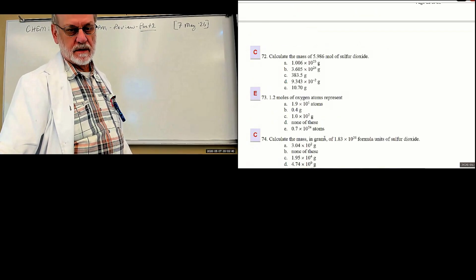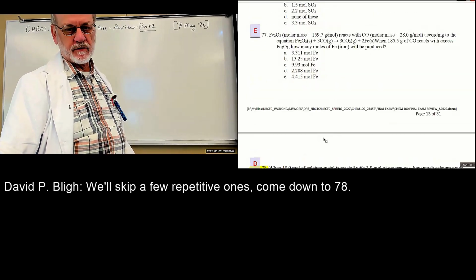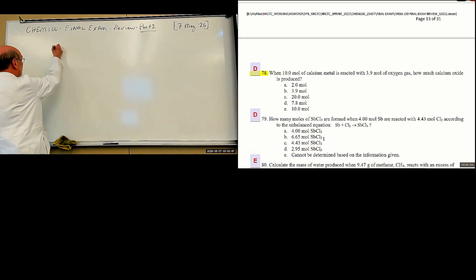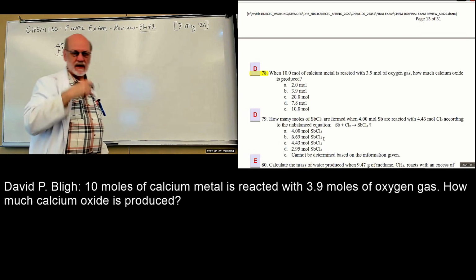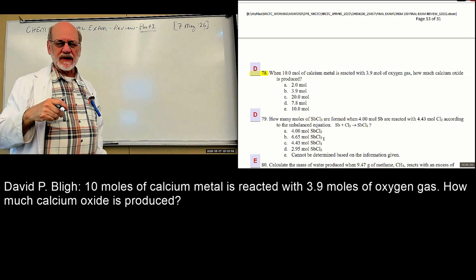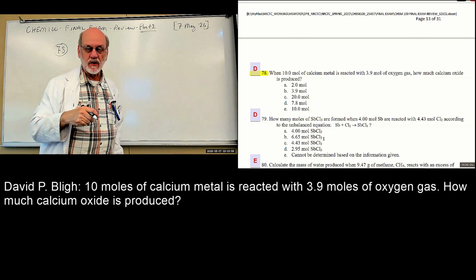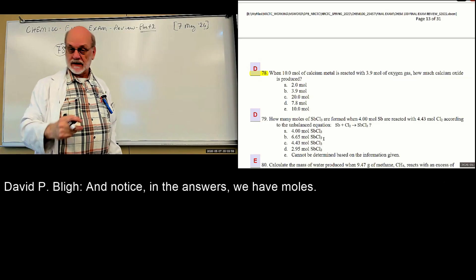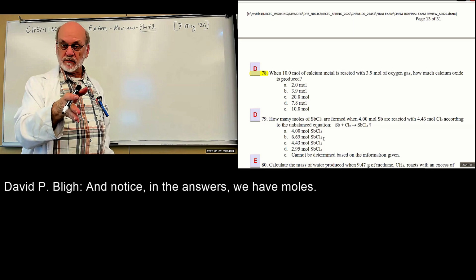Next, we'll skip a few repetitive ones, come down to 78. Ten moles of calcium metal is reacted with 3.9 moles of oxygen gas. How much calcium oxide is produced? And notice in the answers, we have moles.